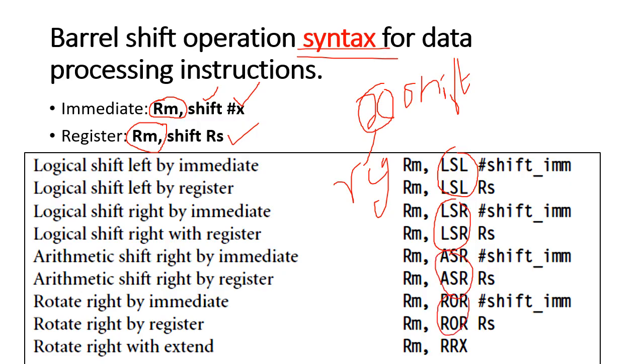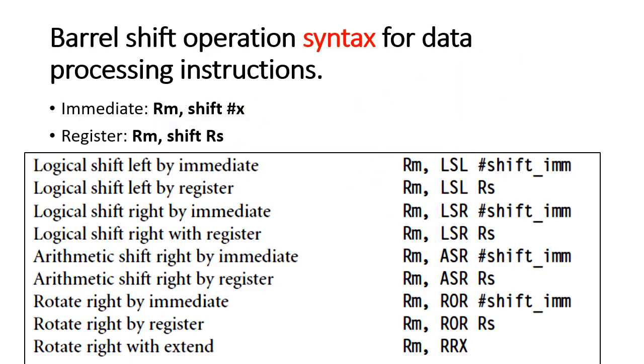So for any of the 5 operations supported by the barrel shifter, there are 2 types of syntax. That means on the right side, to inform how many times to rotate or shift, that number you can pass as an immediate number or you can take it as a register. So if you consider LSL, the source operand must be a register, and the other operand can be immediate data or a register.